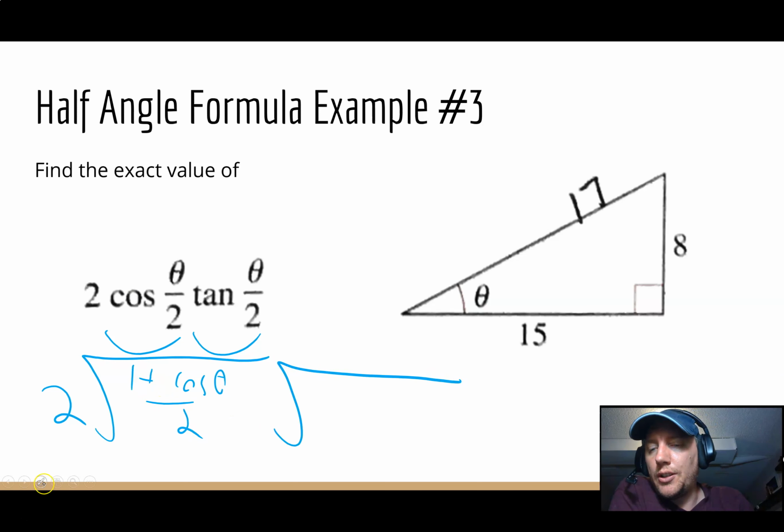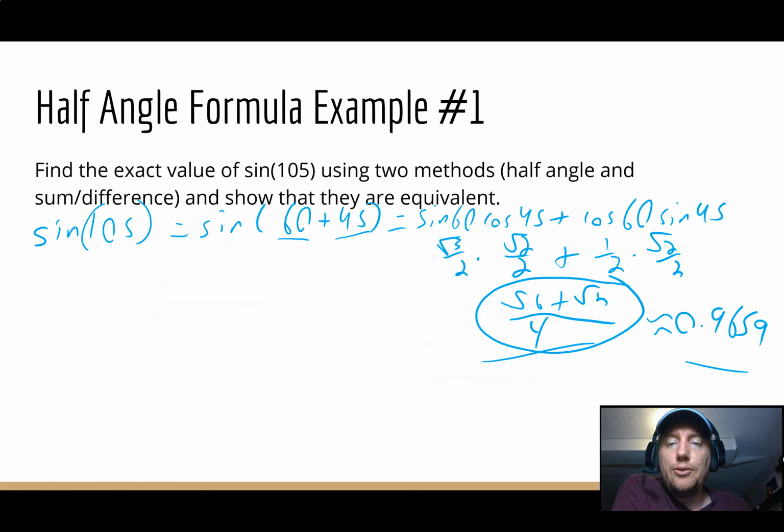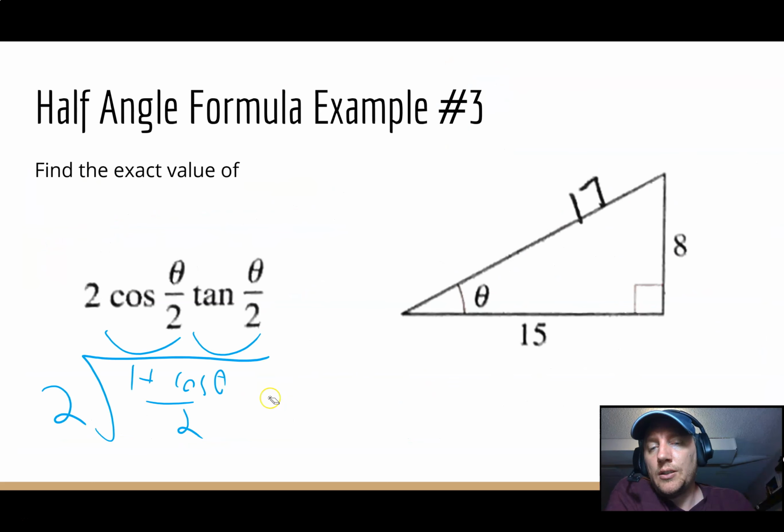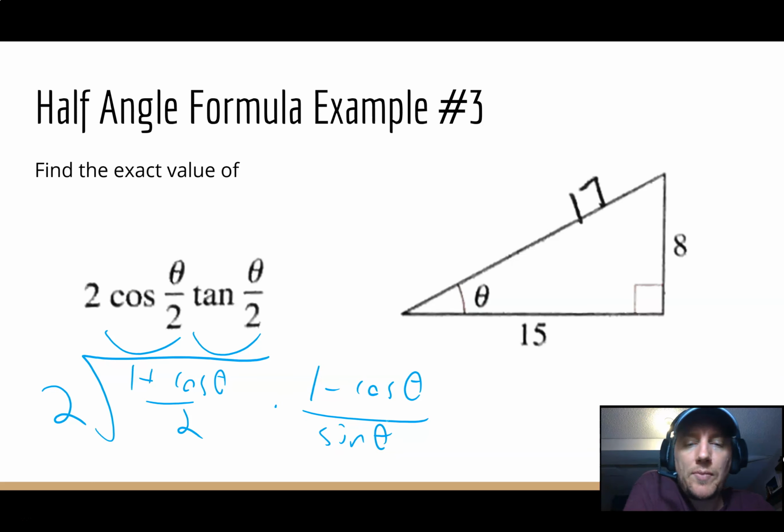Oops, tangent doesn't have a square root. So times tangent, which I could really use either of these that I want. I already used cosine theta, so I don't know. I can use 1 minus cosine theta over sine theta. So times 1 minus cosine theta over sine theta.